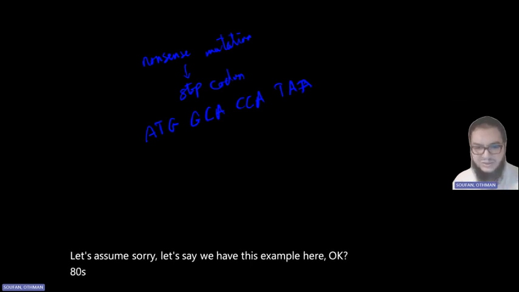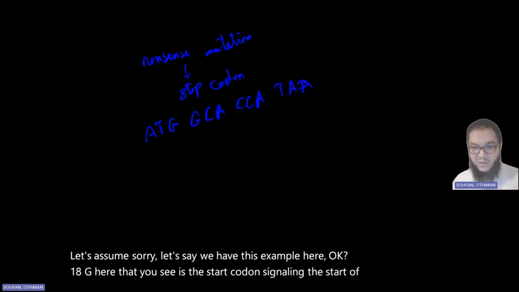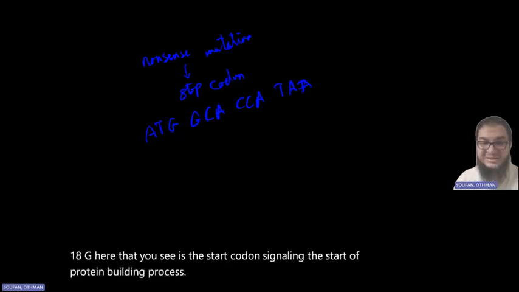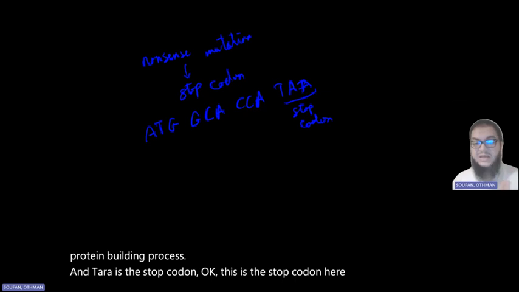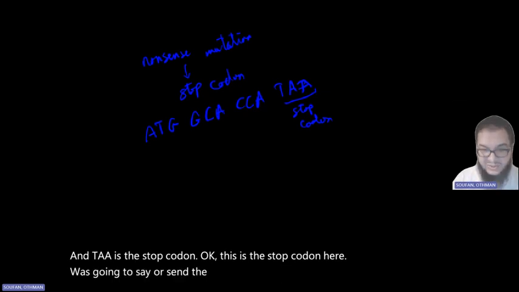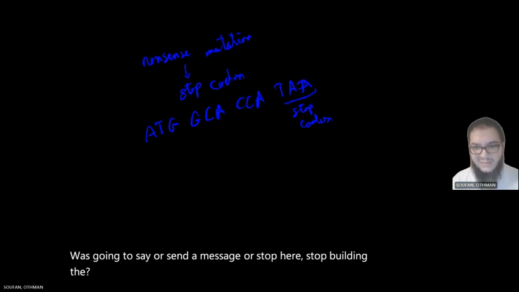ATG here is the start codon, signaling the start of the protein building process. And TAA is the stop codon, which sends a message to stop building the protein.